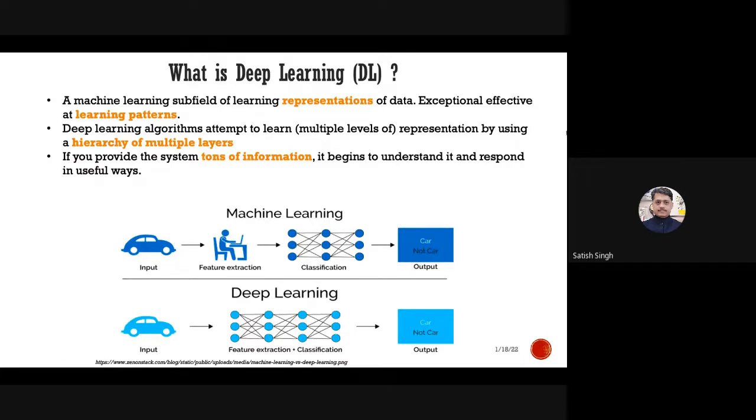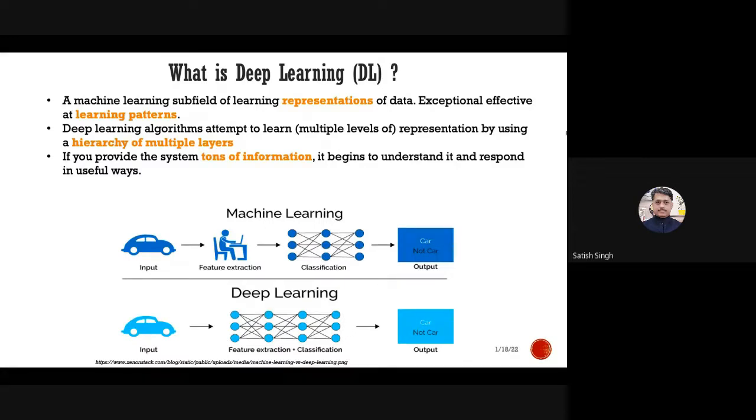That's why any model will be treated as a deep model if it is using a hierarchy of features. So hierarchy of features at multiple layers, obviously multiple layers will be required to present the feature hierarchy. Otherwise the model will not be treated as a deep model.